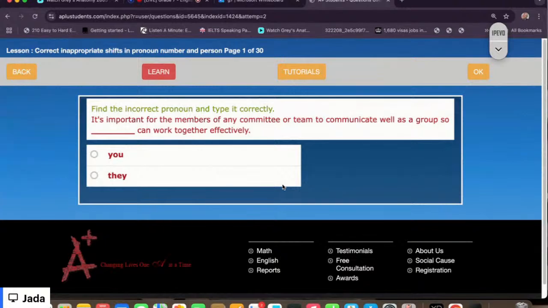All right, so moving into the test, we have: it's important for the members of any committee or team to communicate well as a group so dash can work together effectively. So, you or they, what would be the right pronoun here?